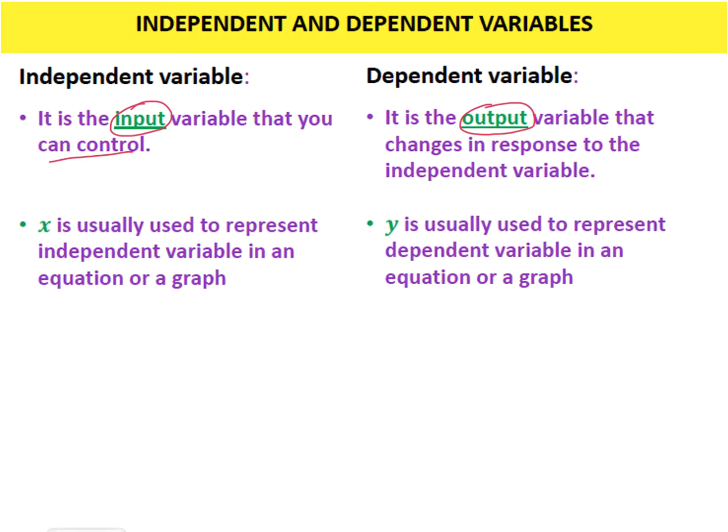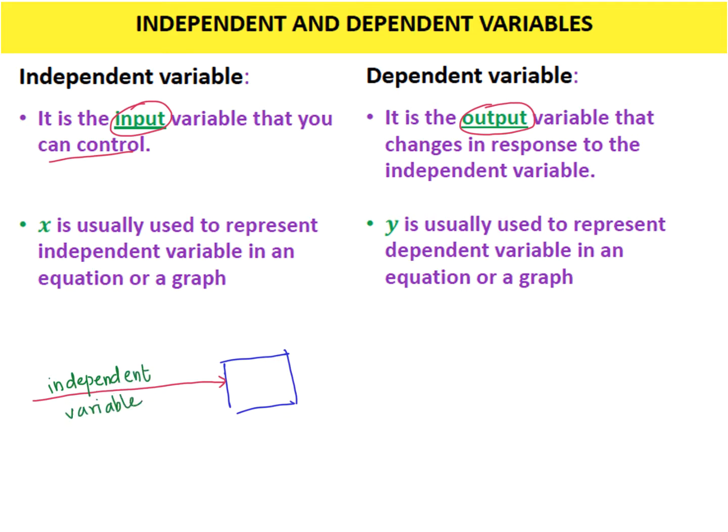So imagine that there is a machine or a box, and inside that machine you put in something. What you put into that machine is your independent variable. That's your input variable.